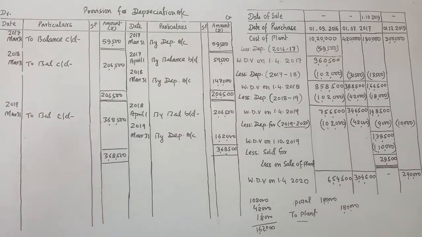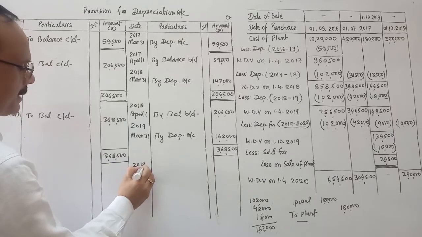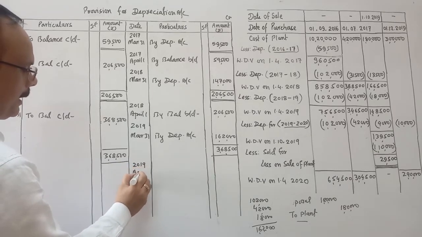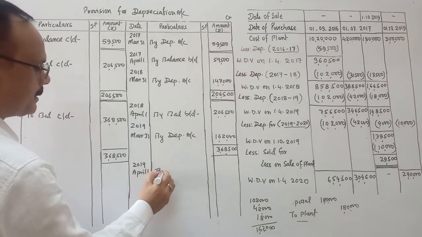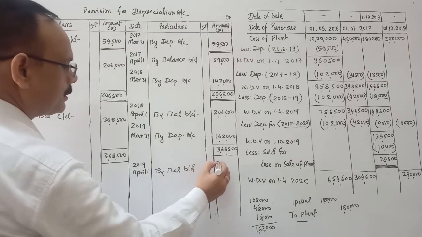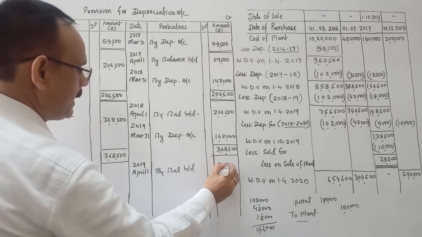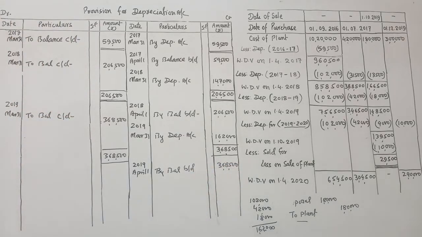This balance will be brought down in the next financial year, April 1st, by balance brought down, 3,68,500.